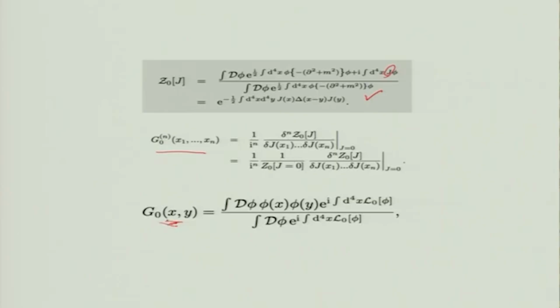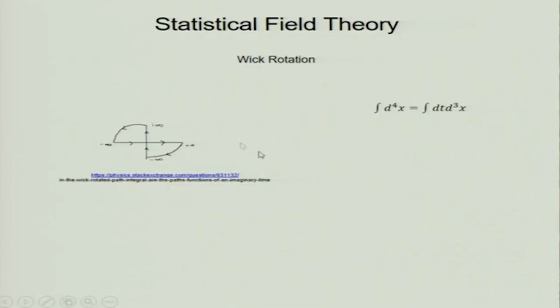This is for the two point correlation x y, and this is the n point correlation. I am just cutting and pasting here, and of course you need to remember this stuff. Now this is a slightly tricky part. In quantum field theory, we have integrals in space time, right. We have dt d x cube.